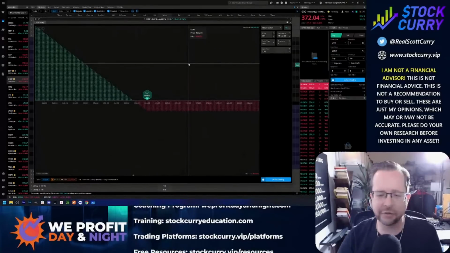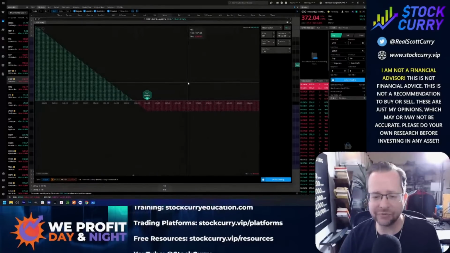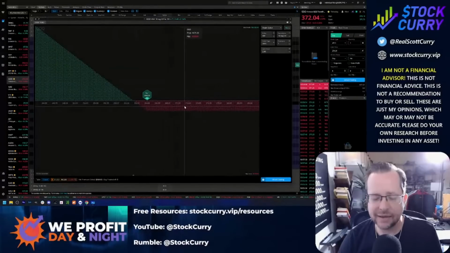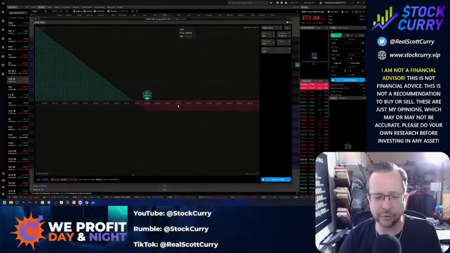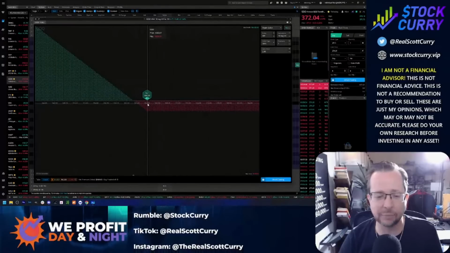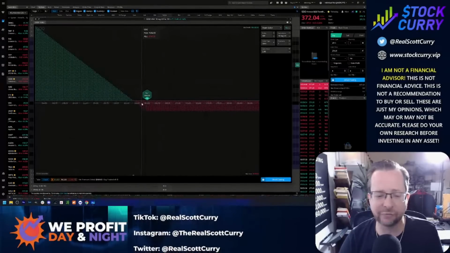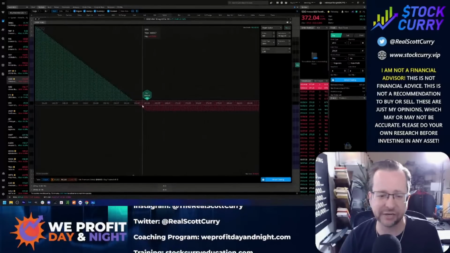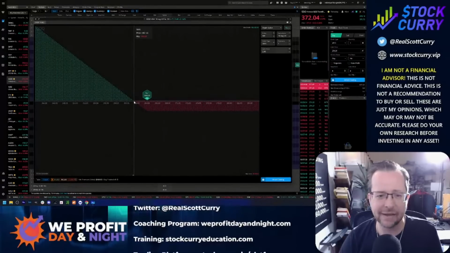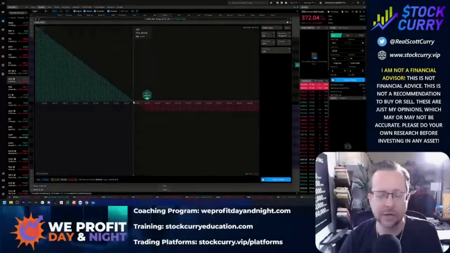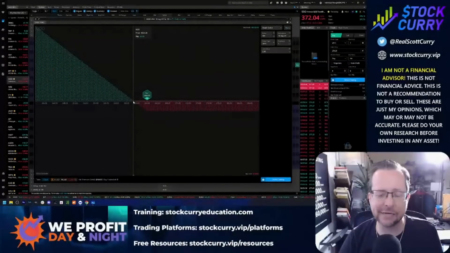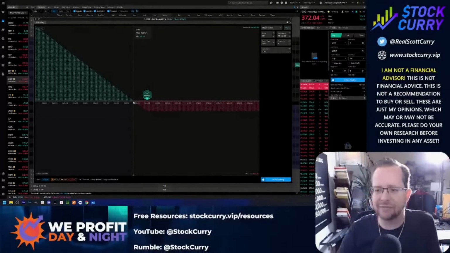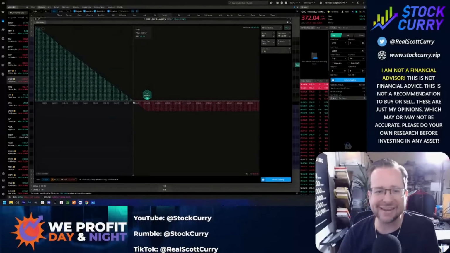Even if QQQ goes down below $364, I still lose money because I've got to pay for this sucker. I don't actually make money unless QQQ goes down to $361. Wowzers, I need QQQ to drop $11 just to break even?